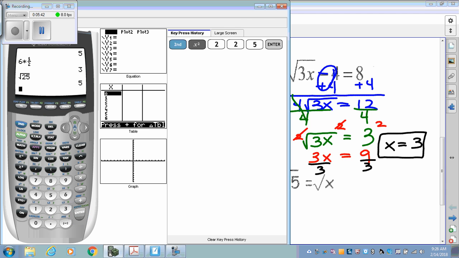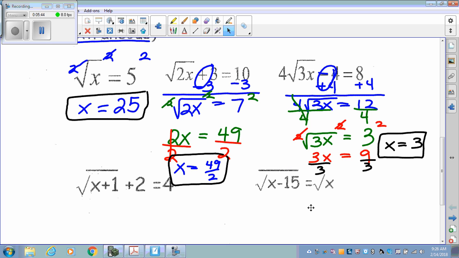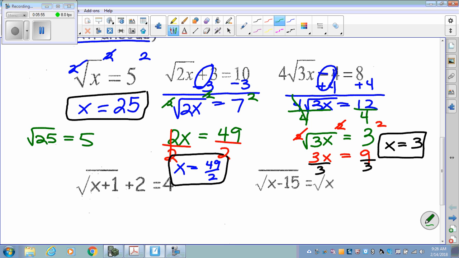Well, that is 5. So I go back to the original equation, substitute in 25 for x, and that does equal 5. I get 5 equals 5.